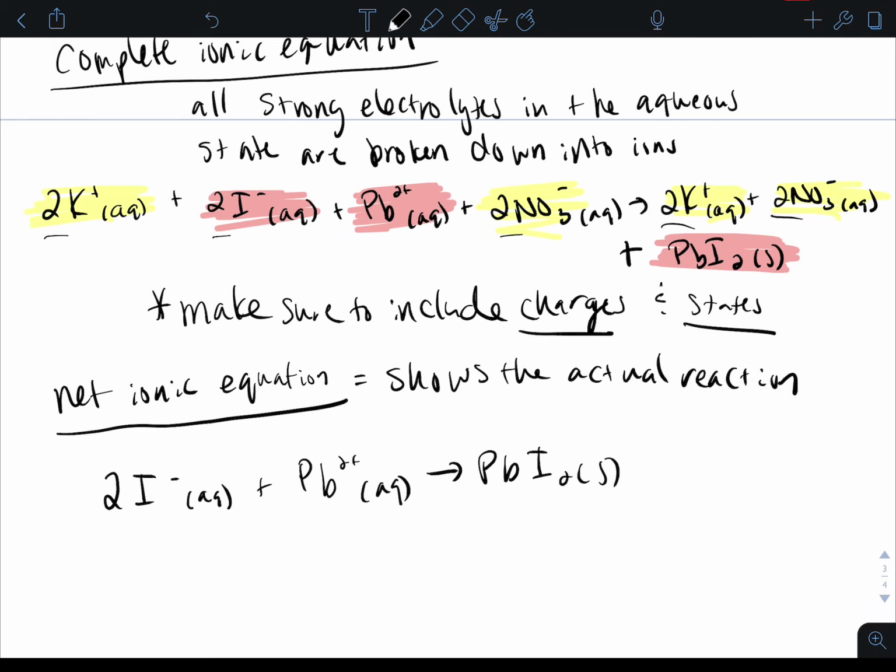As iodide ions in solution come into contact with lead ions in solution, they're going to combine together and form an insoluble compound, which will precipitate out of solution.